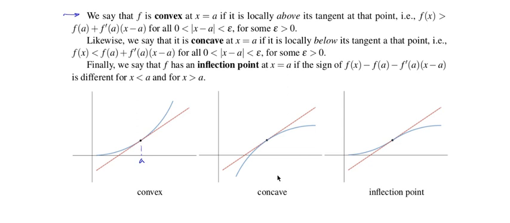And if it's neither above nor below, which means that the sign of f(x) minus f(a) minus f'(a) times (x minus a) changes between when x is smaller than a and when x is greater than a, then we say that f has an inflection point at a. Okay, so now how can we characterize these things with Taylor expansion?